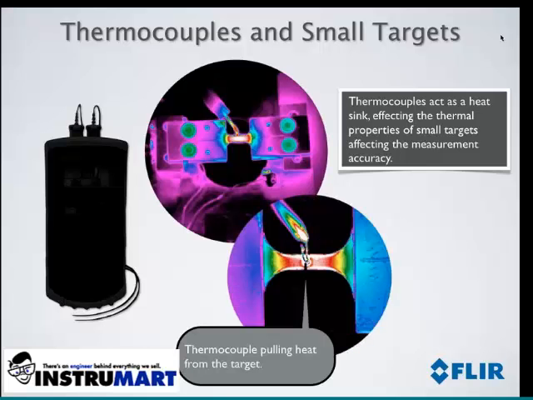If we look at this target close up, we see that the thermocouple is acting as it should, being a heat sink, but because our target is so small and because the thermal mass of our target is so small, we're pulling so much heat from it that we're adversely affecting the target of interest. In a sense, we're actually cooling this bridge. And so the resultant measurement with our thermocouple is erroneous.